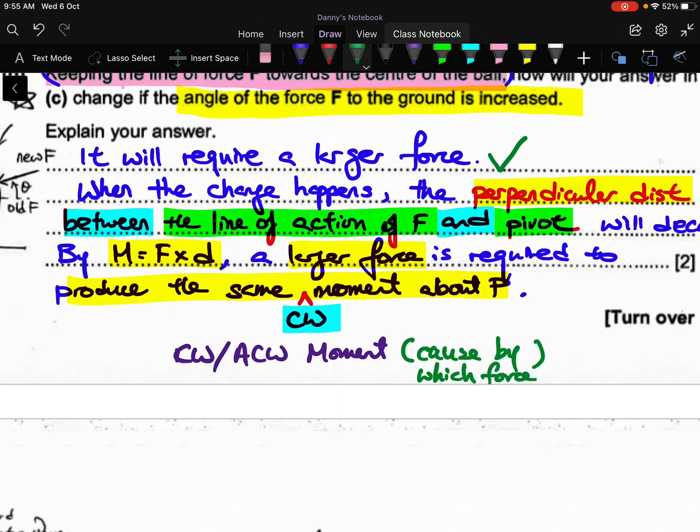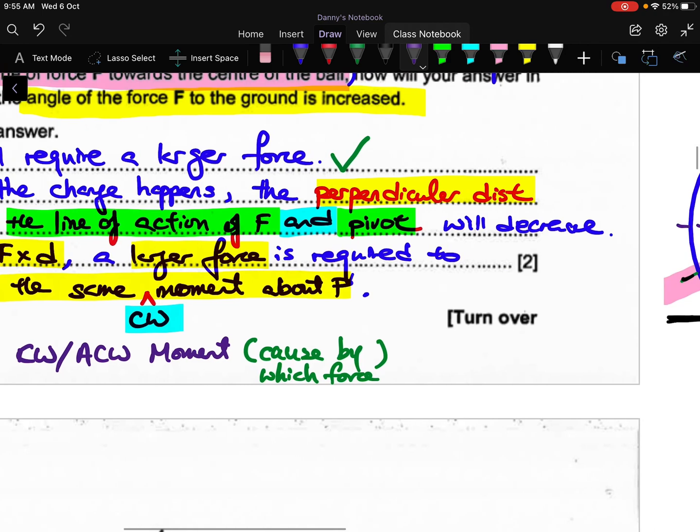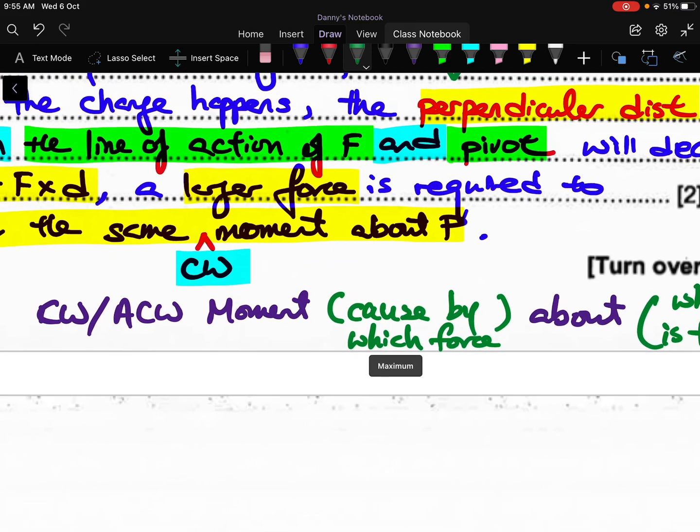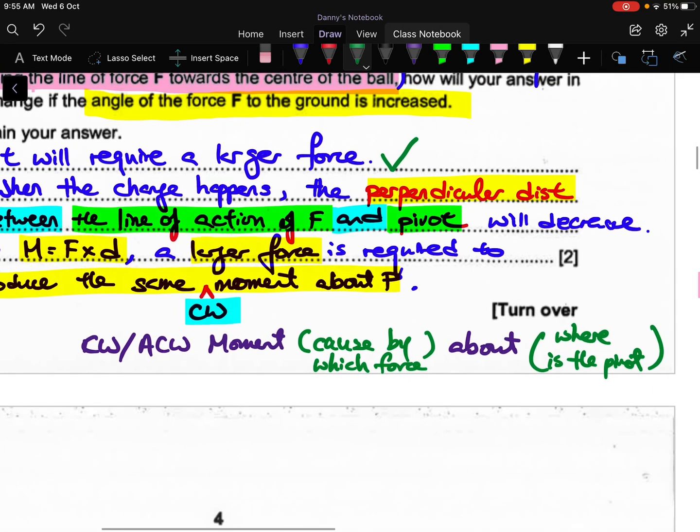Then after that, don't forget there is a special preposition, about, and tell me where the pivot is. So this is the format that I request from you, right? You may ask, hey teacher, you tell me that I need to state this, then I compare your answer. Your answer has CW, okay, fine. You talk about moment, fine. You say about P, okay, fine. Okay, you have all this.